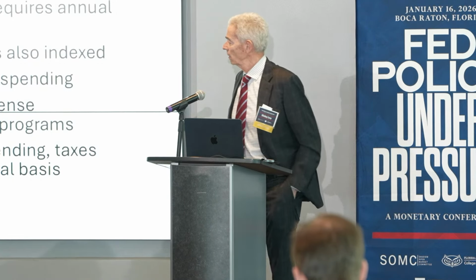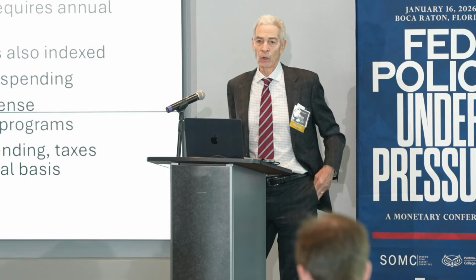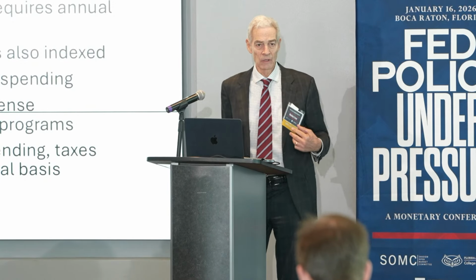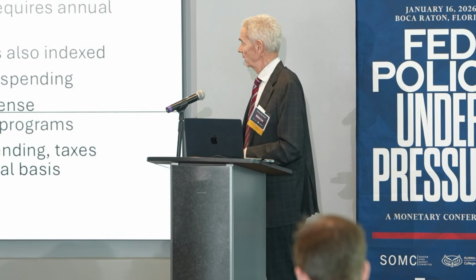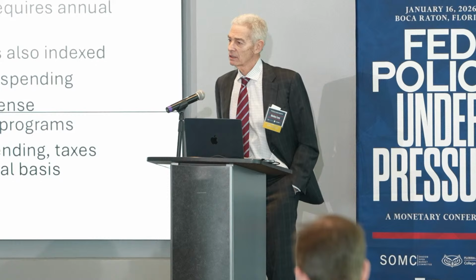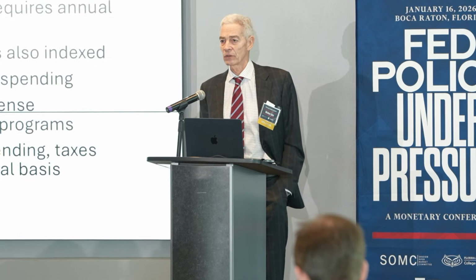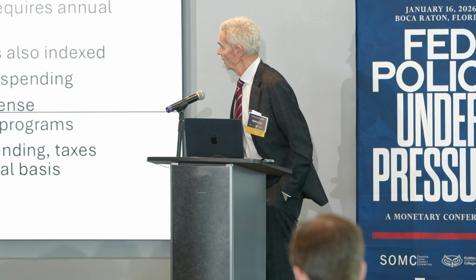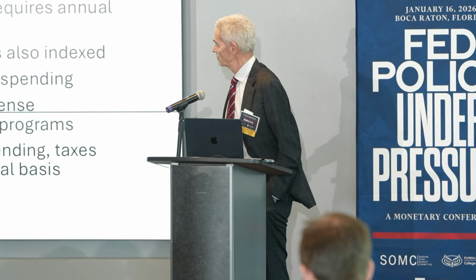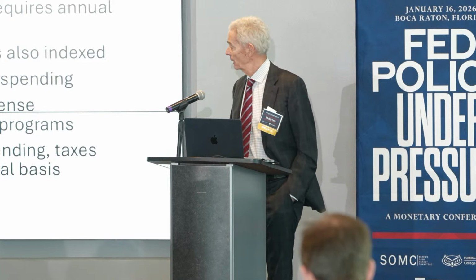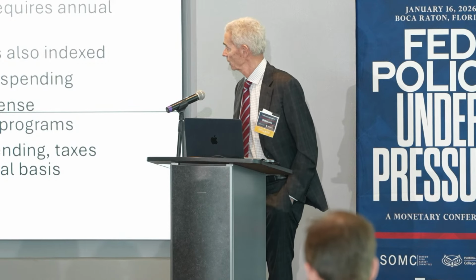And then along comes the 1990s, where the term entitlements morphed into the term mandatory spending. And so in the 1990s, when there was this big effort to reduce deficits, the budget control legislation only addressed non-defense discretionary spending and not entitlements or mandatory programs.